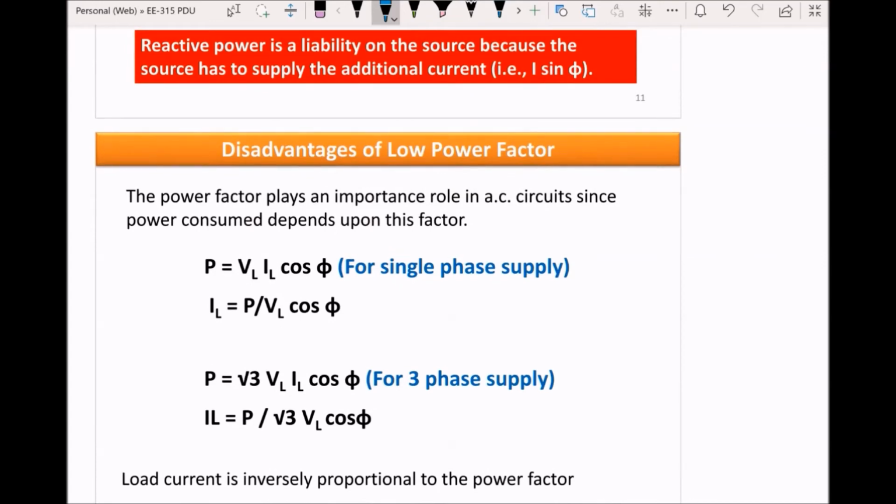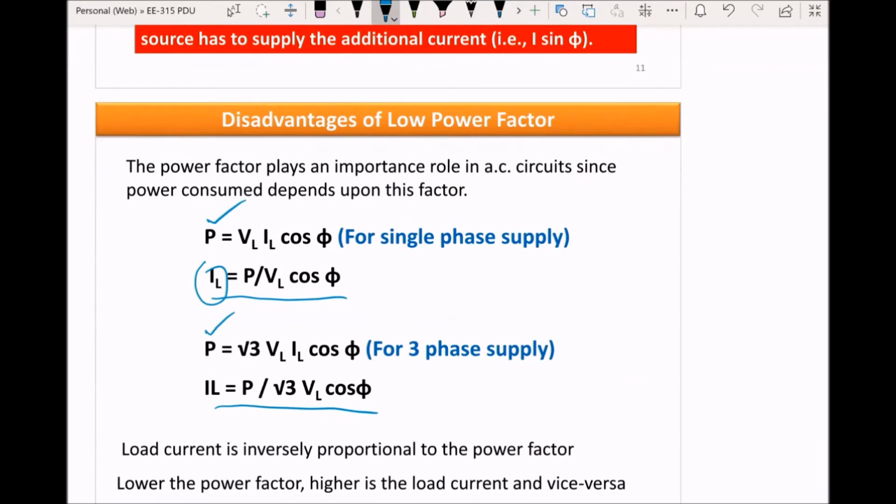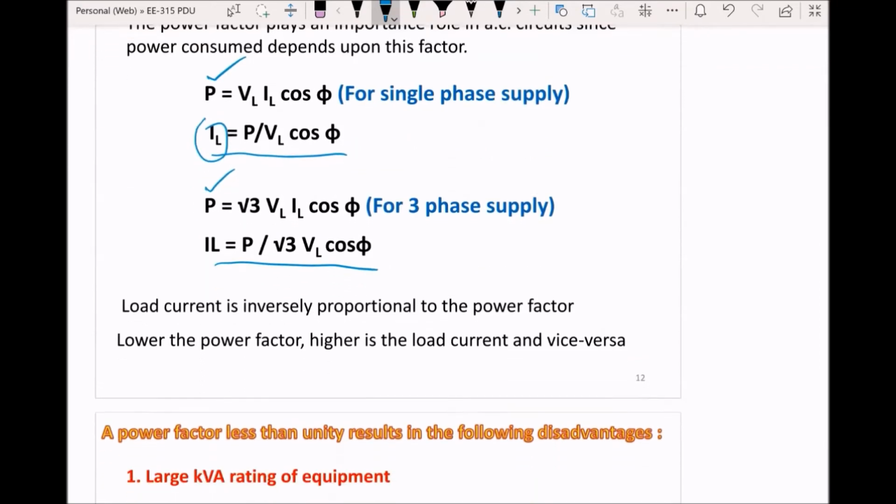This is for the single-phase circuit, this is for the three-phase circuit, and from these two expressions, if you look at the power factor, then we can clearly tell that the load current, which is IL, is inversely proportional to the power factor, which also means that with the lower power factor, the higher current will be drawn by the load. And vice versa.